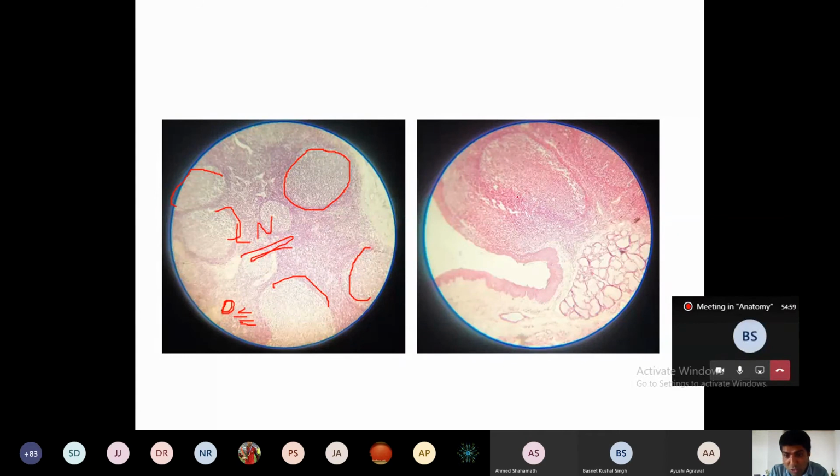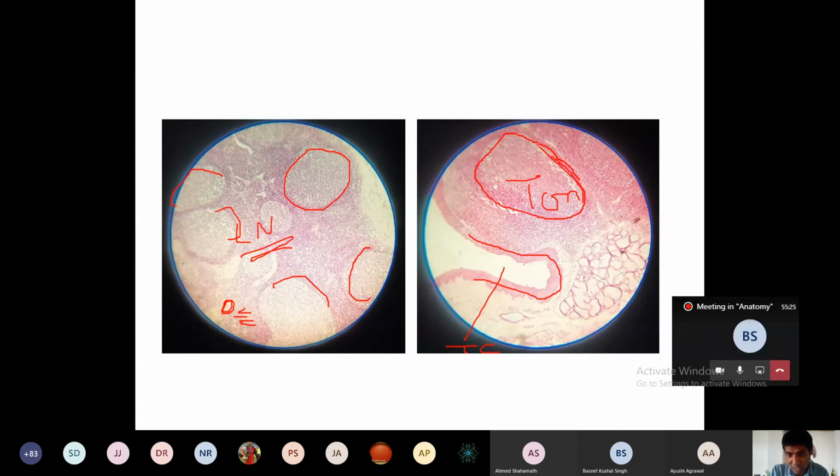And now what is this one? This one is the tonsil. This is actually the lingual tonsil. We used to say tonsil. Here, how to identify it as tonsil? Because here you can see the epithelial lining is non-keratinized stratified squamous epithelium, and this one is the tonsillar crypt. Many crypts you will see. Around the tonsillar crypt you can see lymphatic follicles.